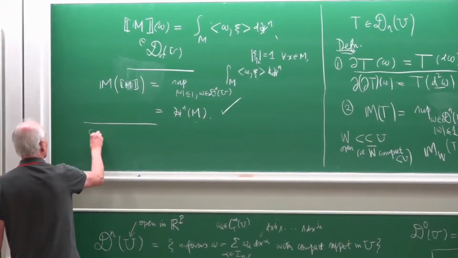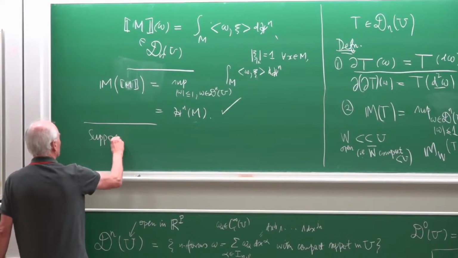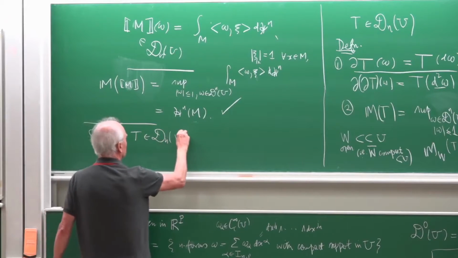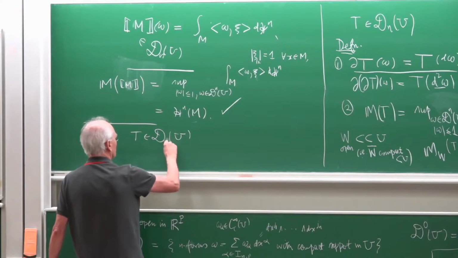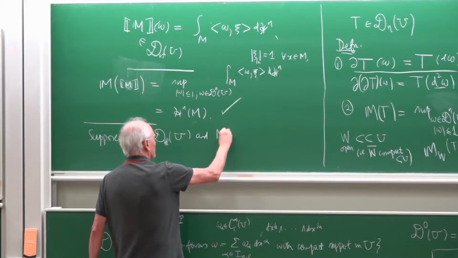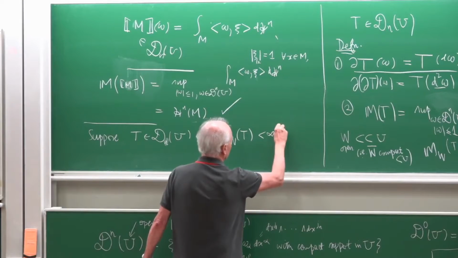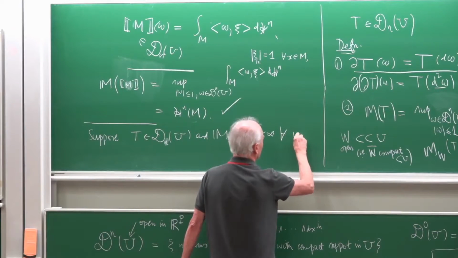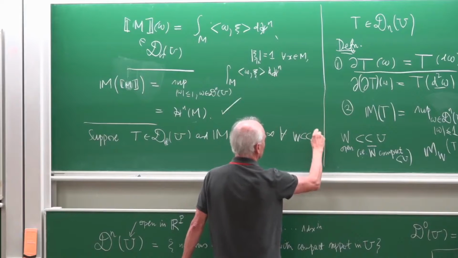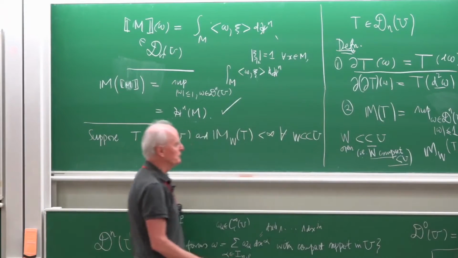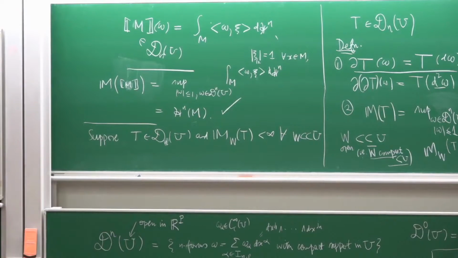Suppose T is a current in U, and the mass M_W(T) is finite for every W properly contained in U. Remember, this double inclusion means that W is a compact subset of U, and W is open. Is the mass always non-negative?